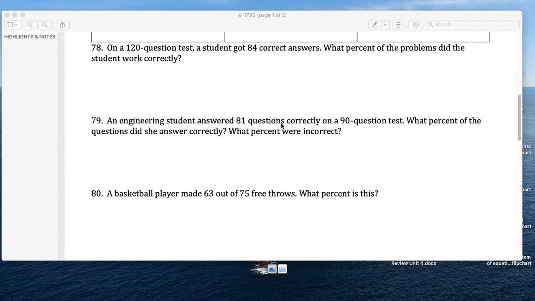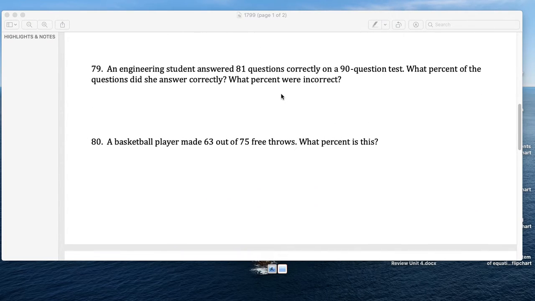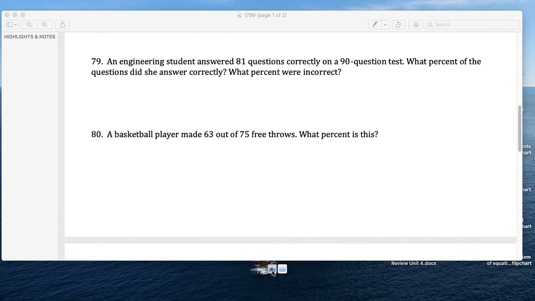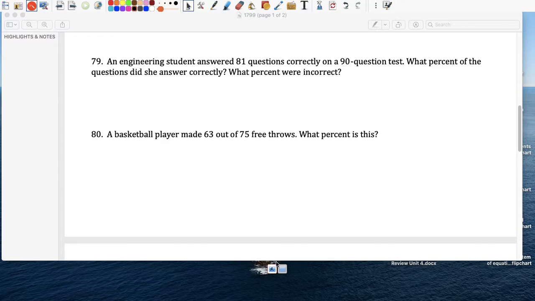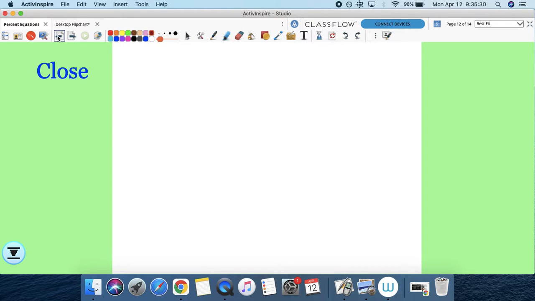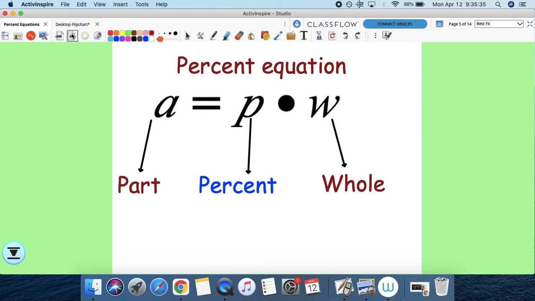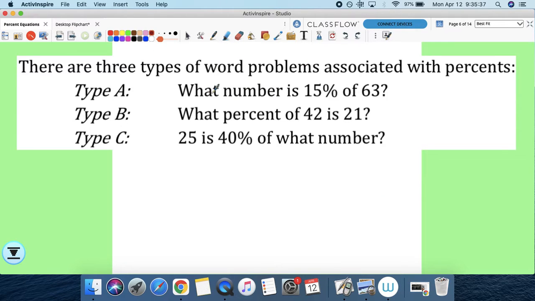A basketball player made 63 out of 75. What percent is this? Again, the first three questions are a little bit repetitive. Now let me just go back for a second here. Here they have what percent of 42 is 28. So they have the percent in the front.